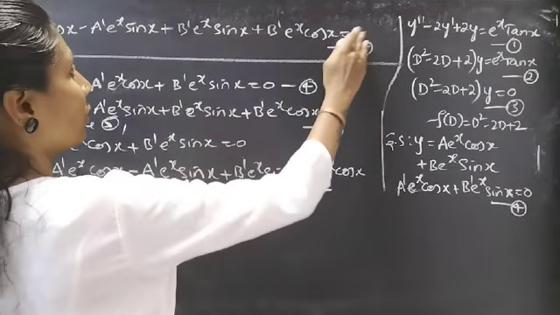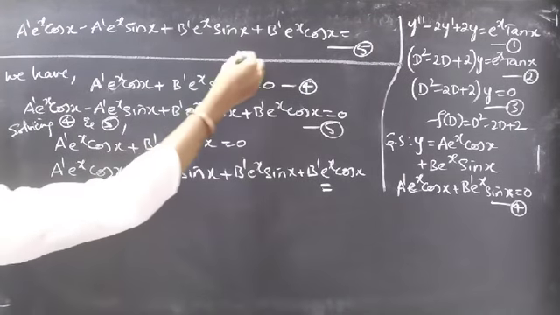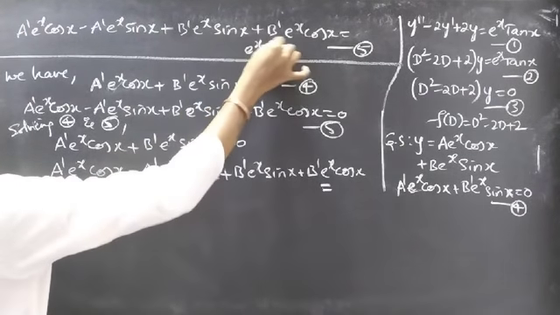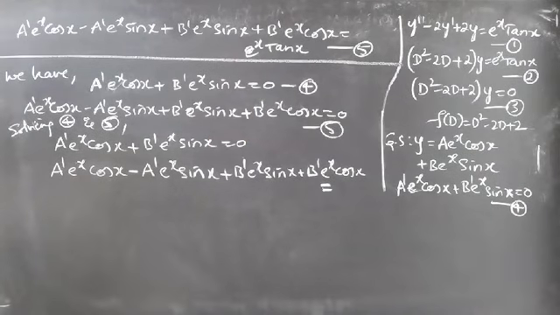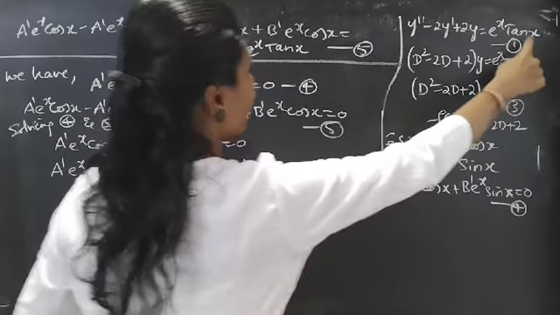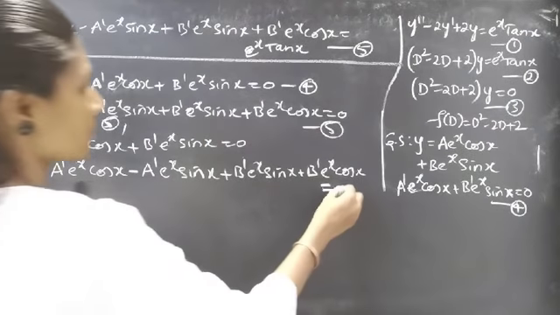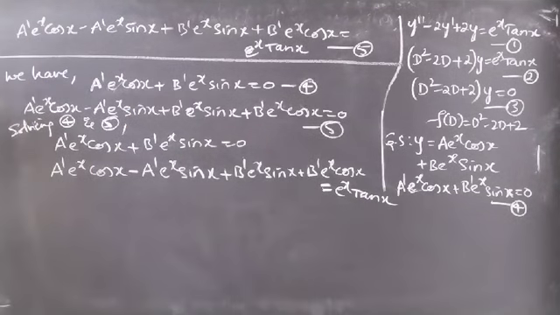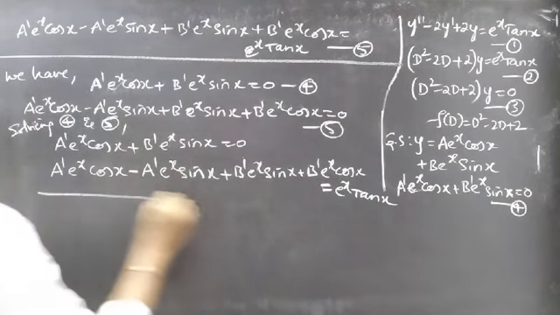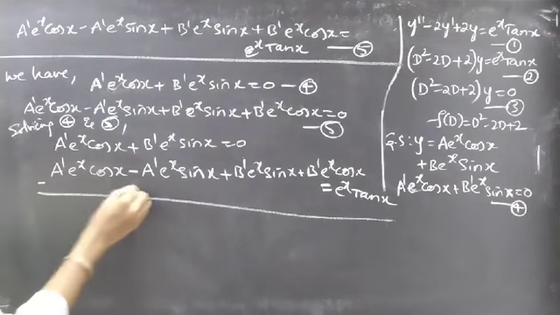Here you have the RHS part, right? You'll have e power x tan x in the RHS. Now change the signs.